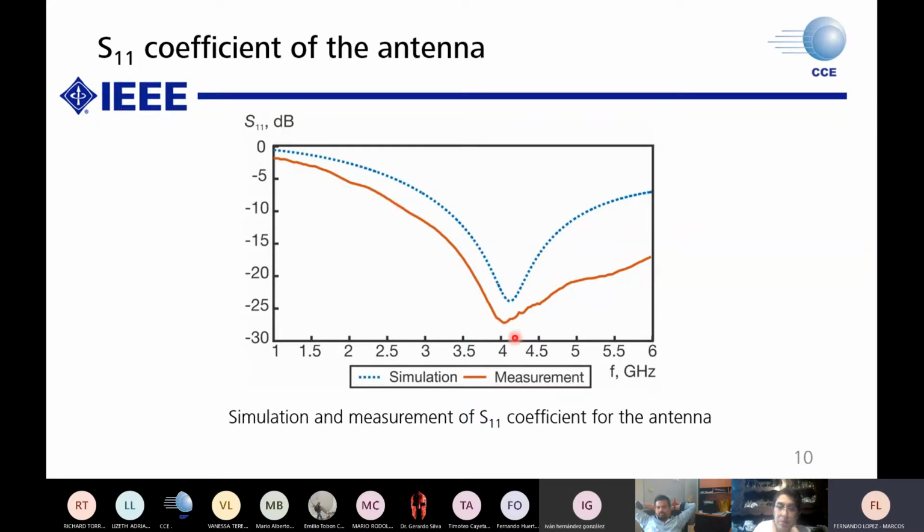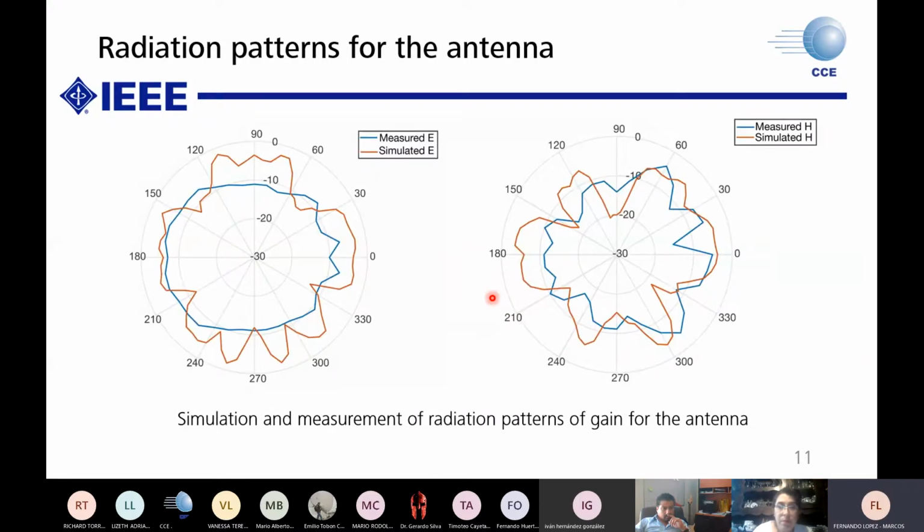The variations between the measurements and the simulation are due to variations of the conductive film, and also variations in the fabrication, especially the separation between the feed line and the ground plane in the antenna. The radiation patterns of gain for the antenna were also measured in the E and H planes.